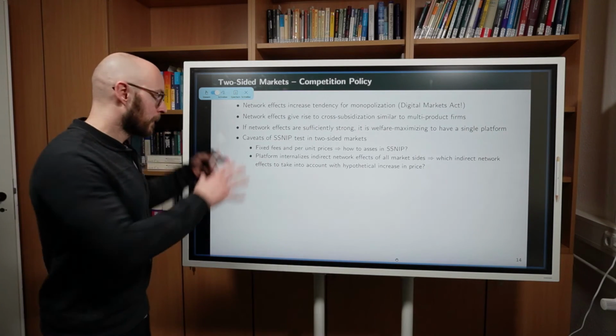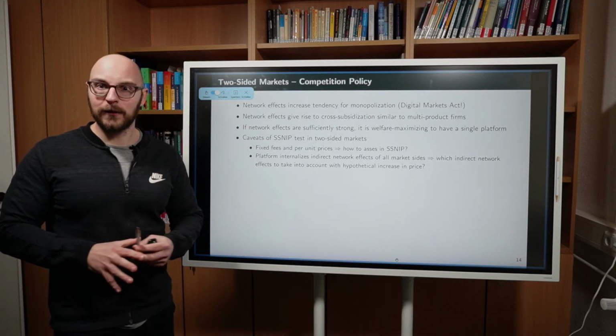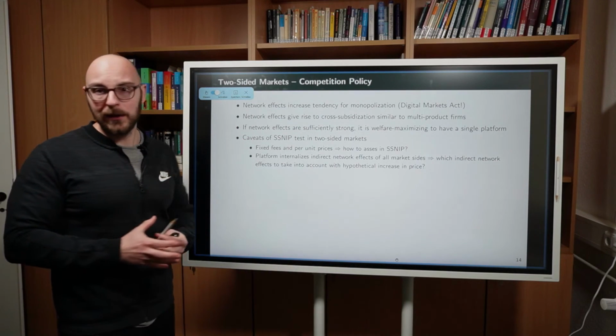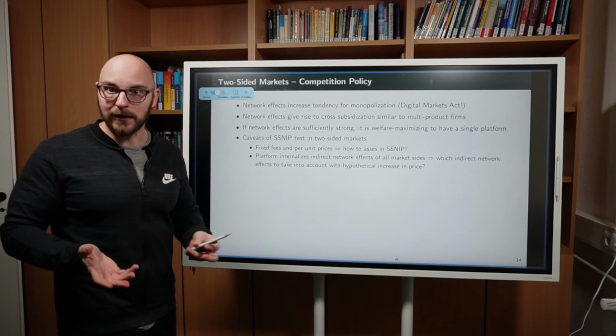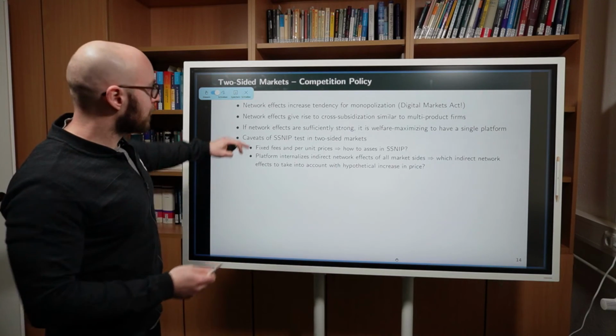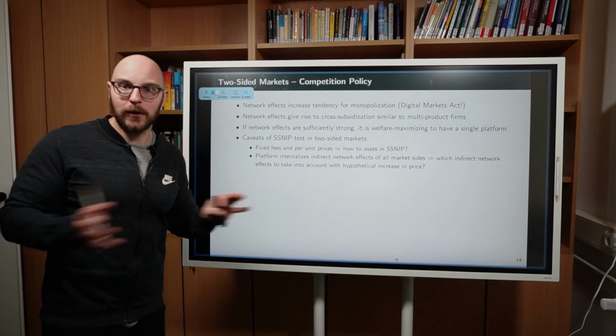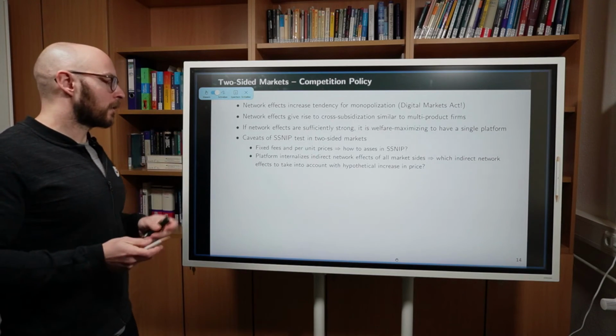So it will be ideal for a monopolist to set low fixed fees, and increasing those fixed fees will not be profitable by definition, right? And that's something that is not in line with our traditional SNIPP idea.